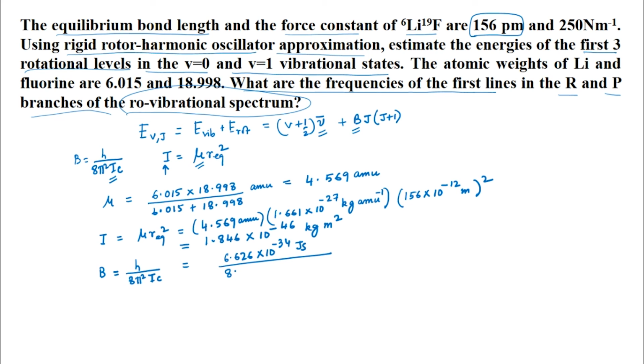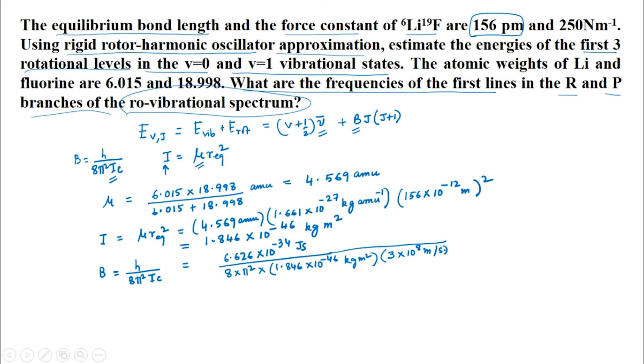Then I have 8 times pi squared. Then I have the moment of inertia, that is 1.846 times 10 to the power minus 46 kilogram meter squared, and then I have the speed of light c, that is 3 times 10 to the power 8 meter per second.